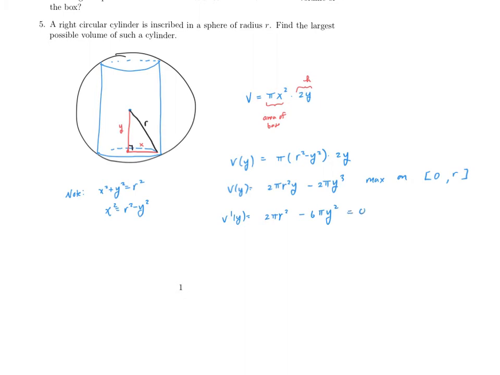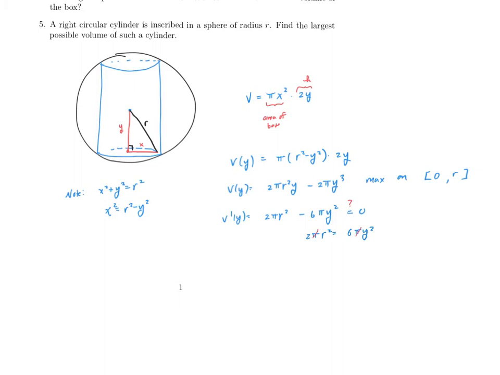And what we would like to do is determine, are there any critical points between 0 and r? So we set it equal to 0 and we solve. But remember, the r that we see is a fixed quantity representing the radius. It's just a number. So we would have 2 pi r squared is 6 pi y squared.